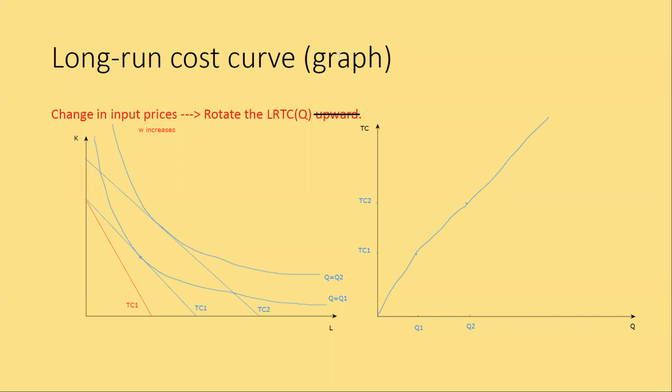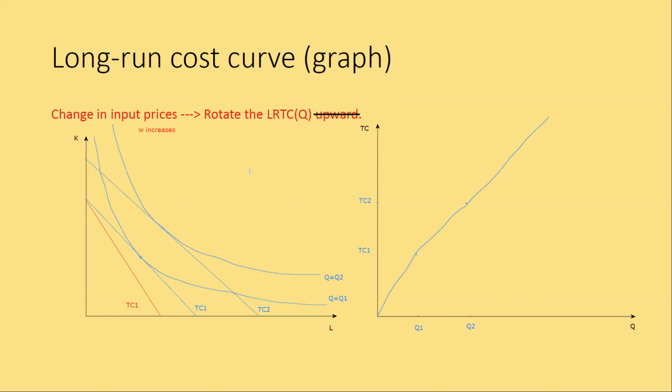The new point that solves our cost minimization problem is, so I've probably drawn this too steep. Let me modify this a little bit. All right, it still becomes steeper, but not as much, so that I can draw the graph. All right, like this. So this is our TC1.